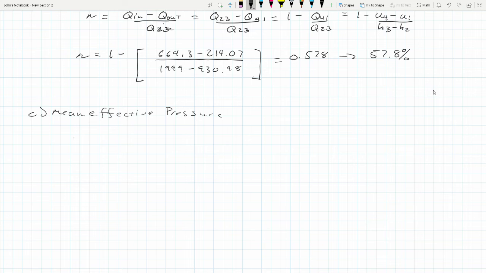If you recall, the mean effective pressure is equal to the work of the cycle divided by the mass, all over V1 minus V2. This is written as work of cycle over M, take out V1, and you get 1 minus 1 over R. The work of the cycle is the top part up there.